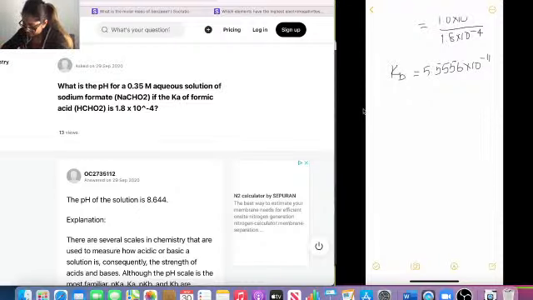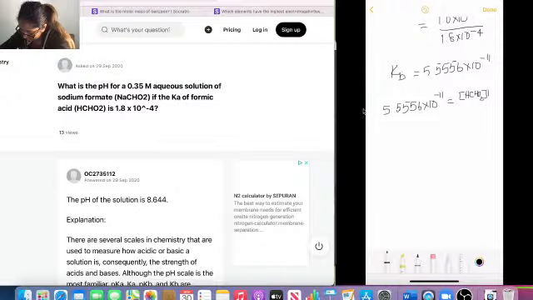And so we can say that 5.556 times 10 to the power negative 11 is equal to HCHO2 times OH negative over CHO2 negative, right?